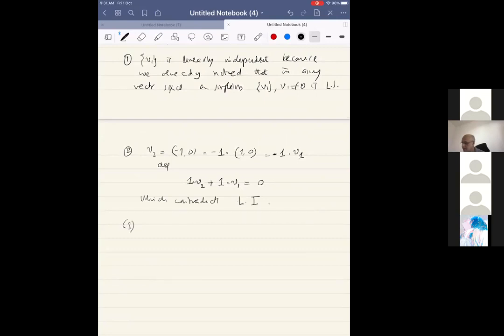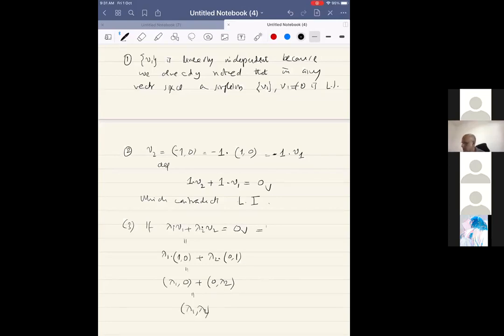In the case of 3, if lambda1 V1 plus lambda2 V2 is the 0 vector, this means lambda1 times (1, 0) plus lambda2 times (0, 1), which is (lambda1, 0) plus (0, lambda2), which is (lambda1, lambda2).